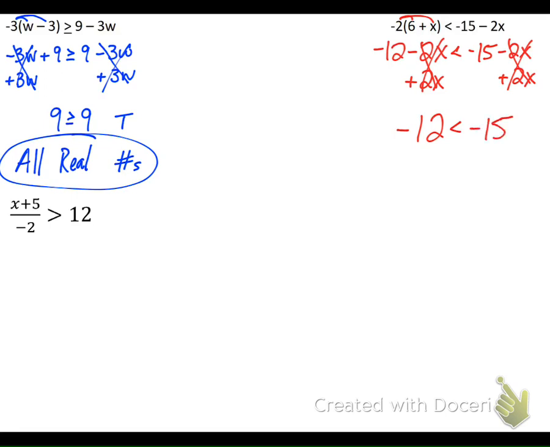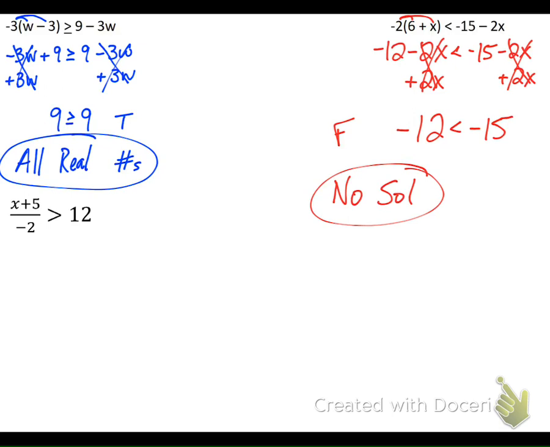Again, I want to ask myself, is the alligator eating the bigger number? Is negative 15 bigger than negative 12? That is false because it's negative. Since this is never true, there's no solution. No number that I will ever plug in there will give me something that is true.